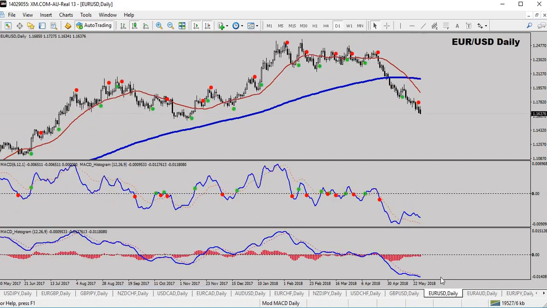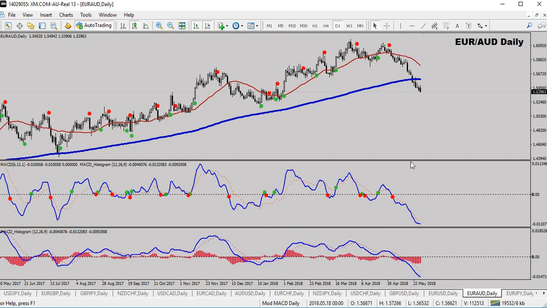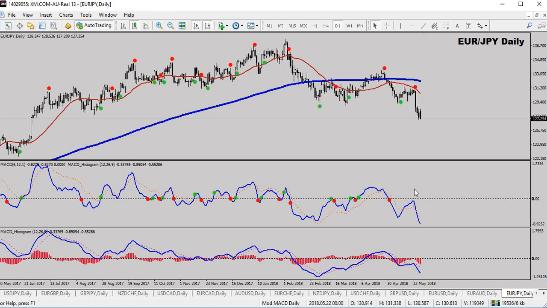Pound, nothing happened there. Euro, nothing happened, still a long way below the zero level. Euro Aussie, I got in up here somewhere, it's still going down. Euro yen had a bit of a pullback, but nothing yet to get excited about.